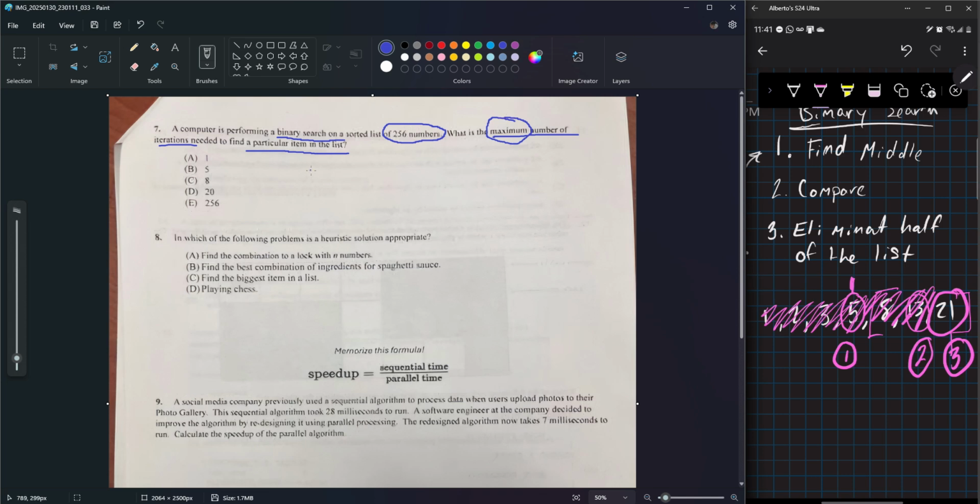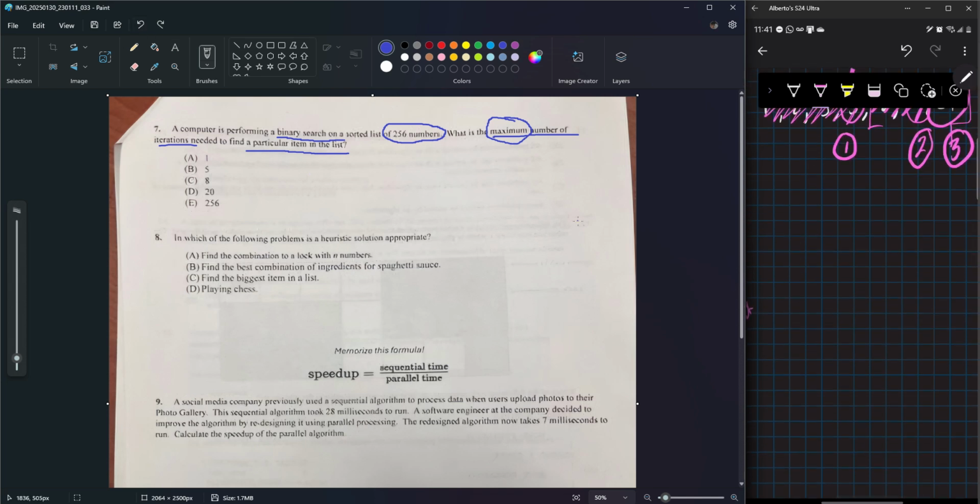So let's pretend you have 1, 2, 3, and you have every number up until 256. So you're going to have a very big list right here.